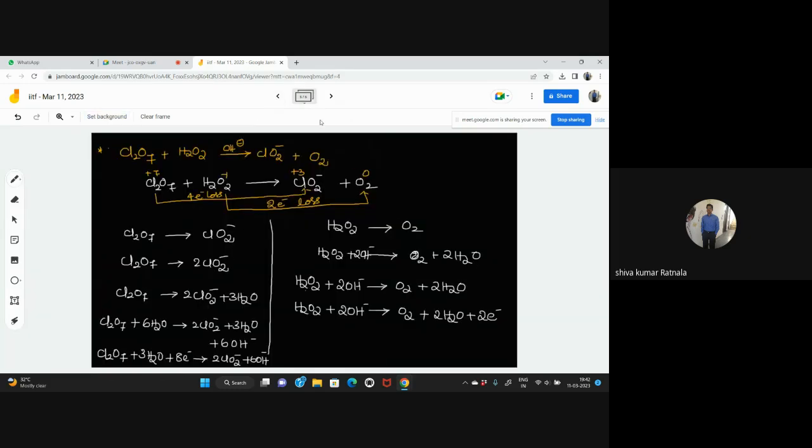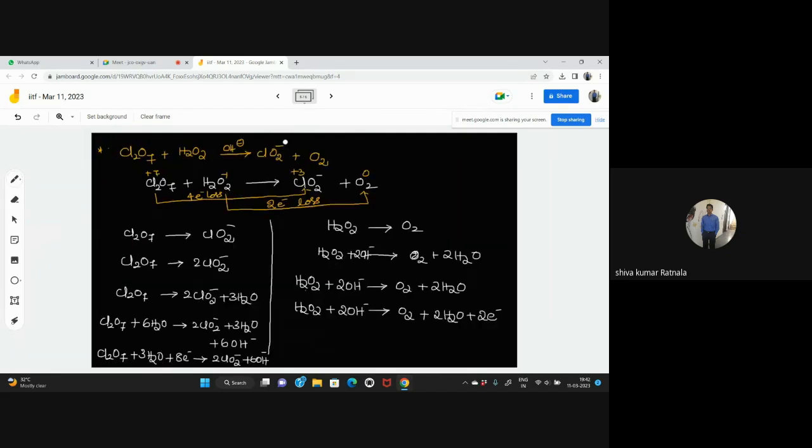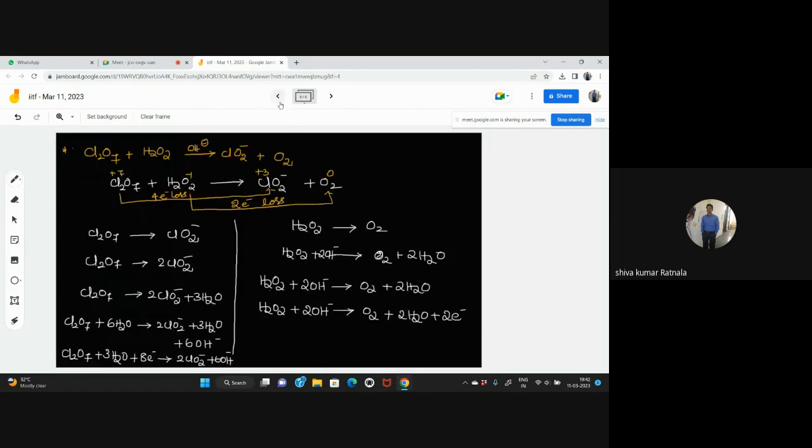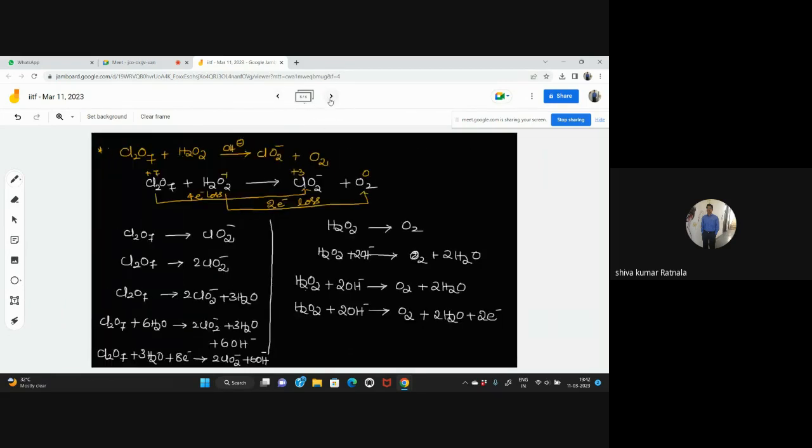Now let me write the reactions again. Cl2O7 + 3H2O + 8 electrons gives rise to 2ClO2⁻ + 6OH⁻. Left side H2O2 + 2OH⁻ gives rise to O2 + 2H2O + 2 electrons.